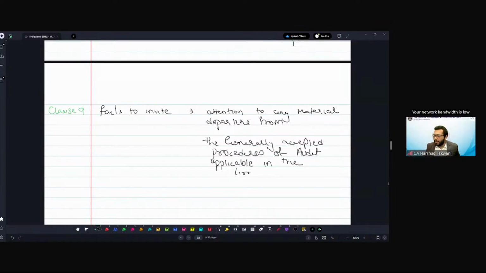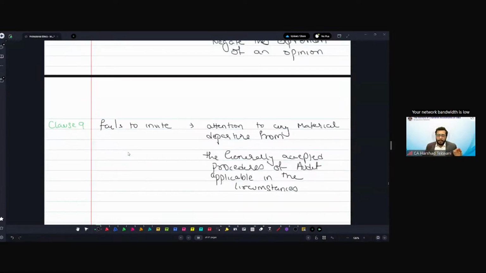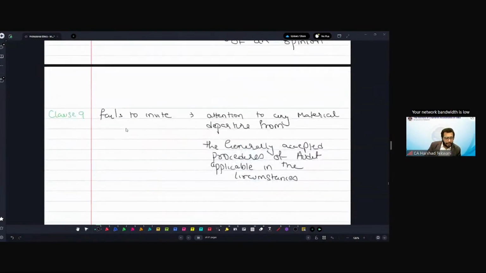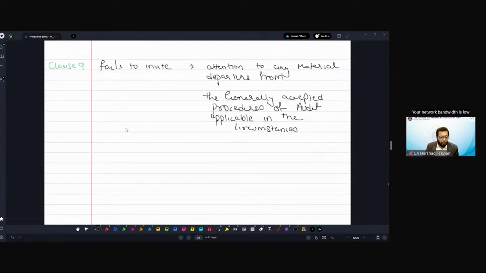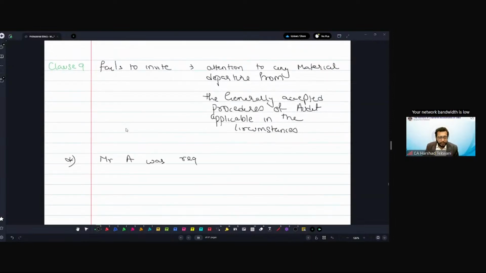Best example, if I can give a combination of both, is, let's say, for example, for the debtors' balance, for the customers' balance, Mr. A was required to issue external confirmations for verification of trade receivables.